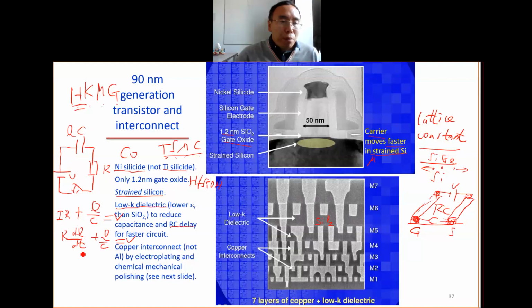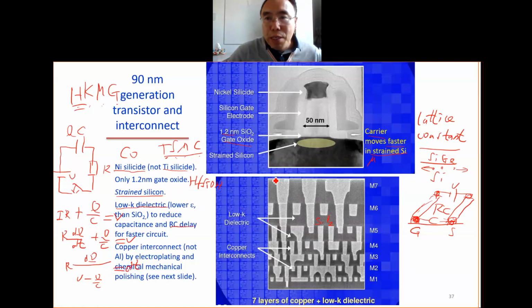So we need to solve this problem. It becomes R dQ divided by (V minus Q over C) equal to dt. This can be solved.